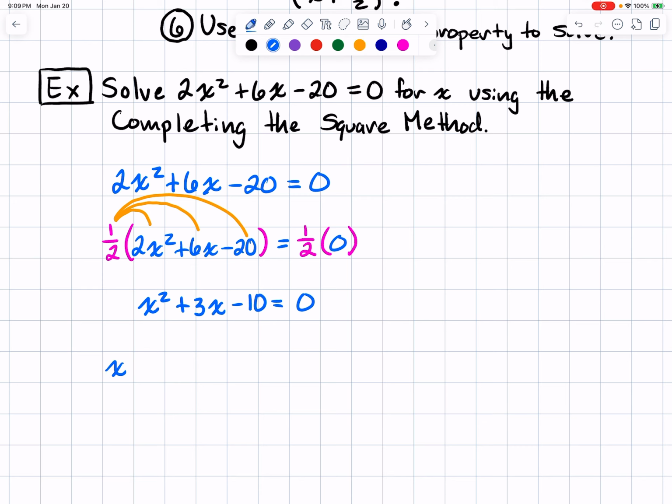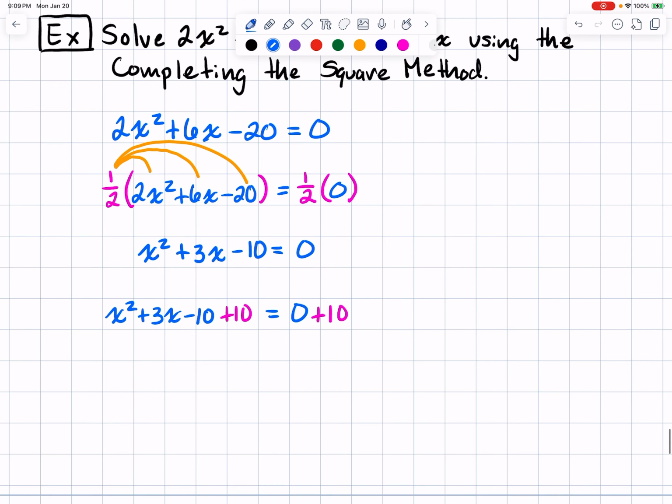So I have x squared plus 3x minus 10 plus 10 equals 0 plus 10. So on the left-hand side, I'm just going to have x squared plus 3x equals 0 plus 10 is 10.